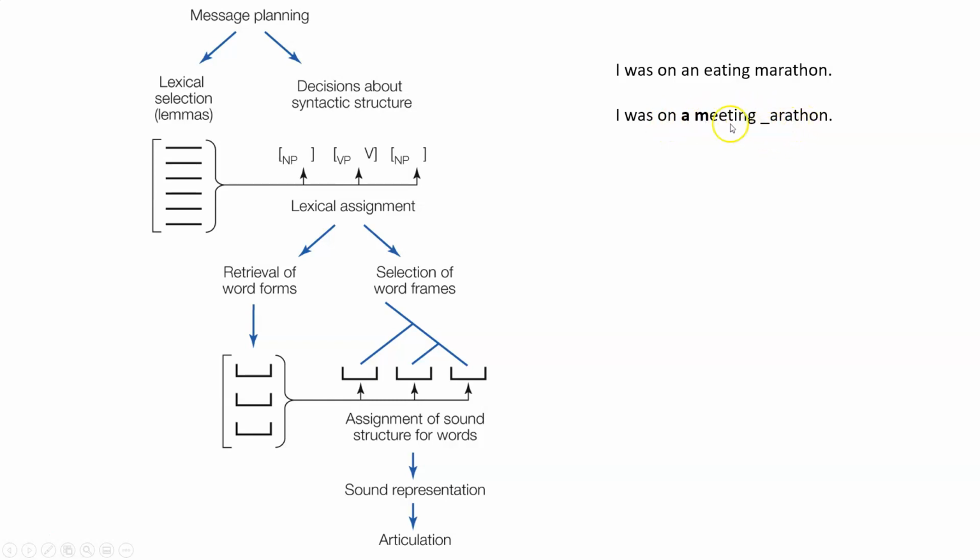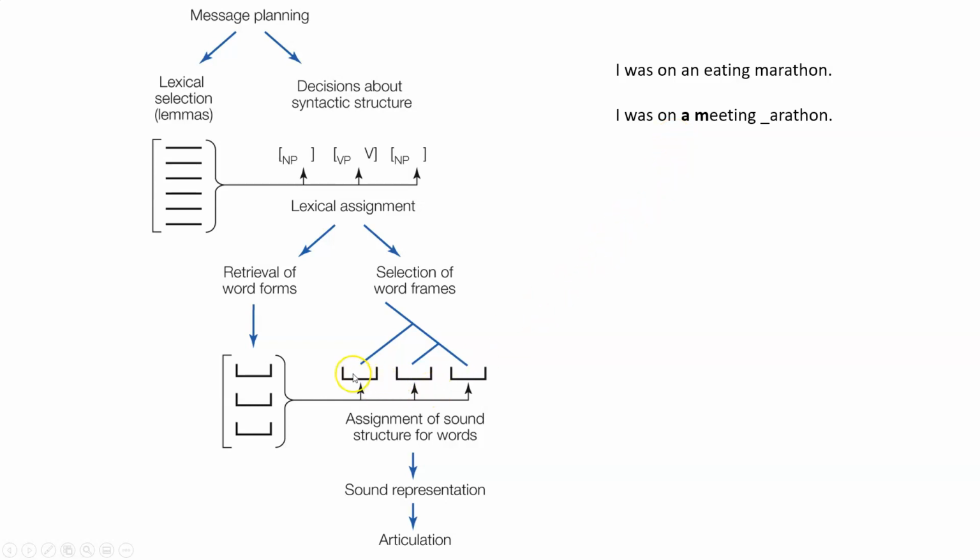And because we didn't say that, and we almost never would say that, the fact that this is the kind of adaptation we almost always see with these types of sound errors suggests that the sound swap must have occurred before the particular word forms of the articles were chosen and assigned to their word frames.